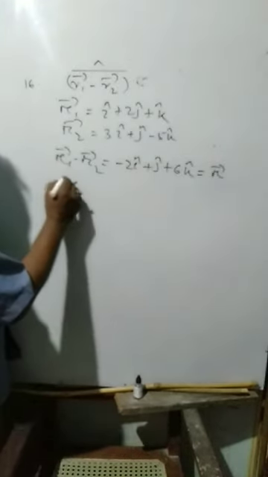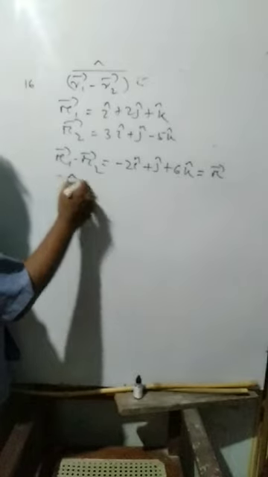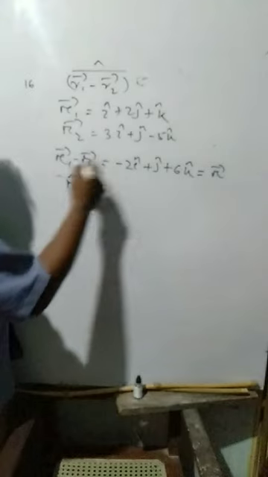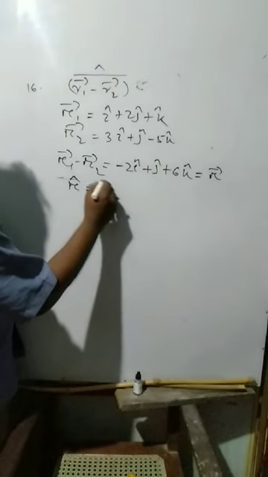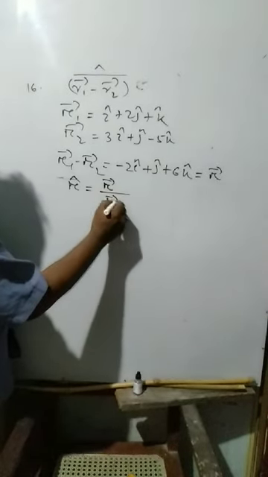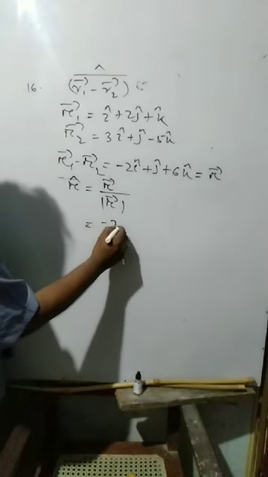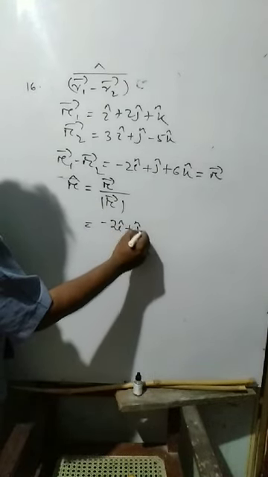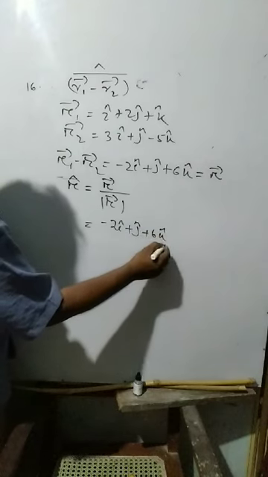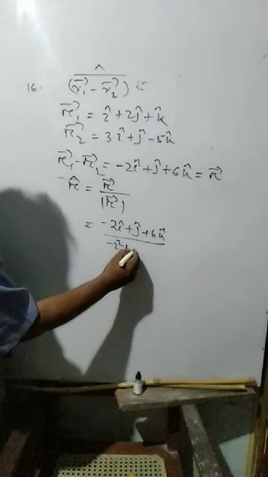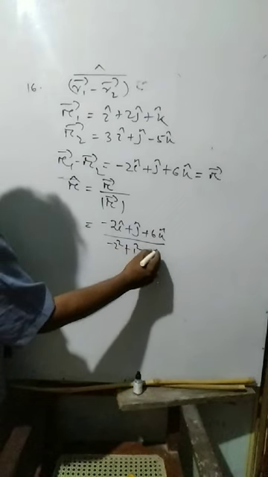The unit vector of r is represented by r cap. R cap equals r vector by r vector magnitude, which is minus 2 i cap plus j cap plus 6 k cap by the square root of minus 2 square plus 1 square plus 6 square.